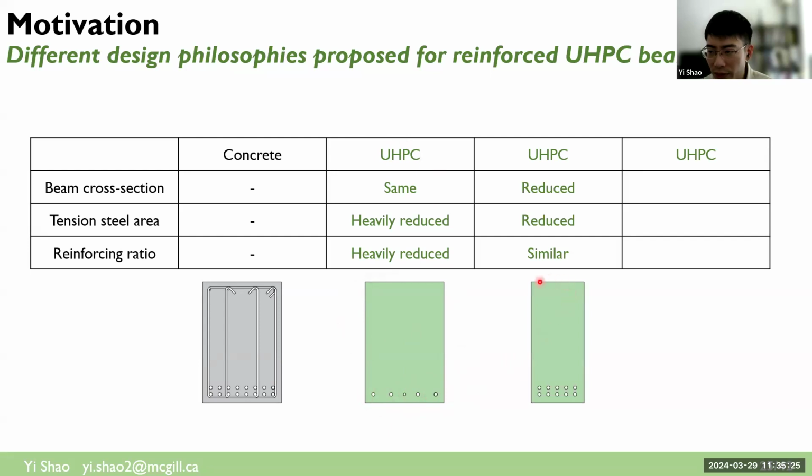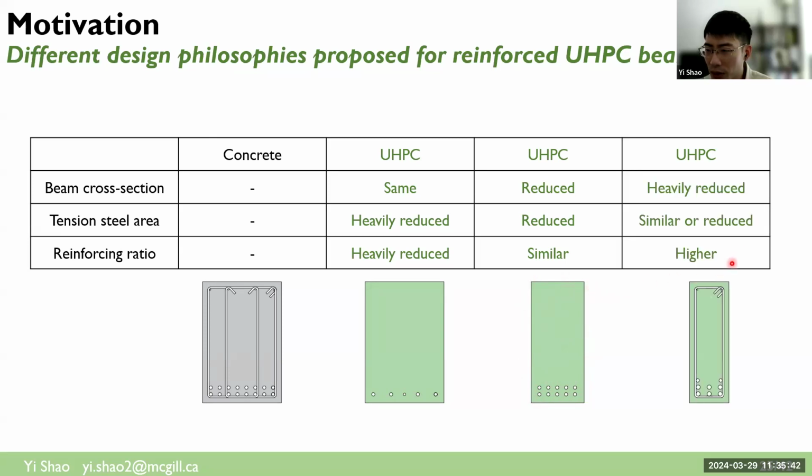And other researchers may argue that we should use a similar reinforcing ratio as traditional concrete beam, but reduce the cross-section size as well as the tension steel area, considering the high material mechanical performance.